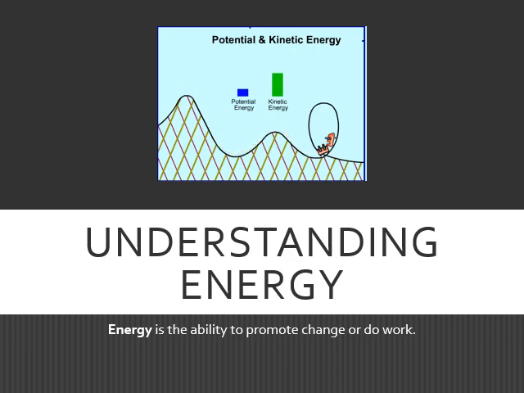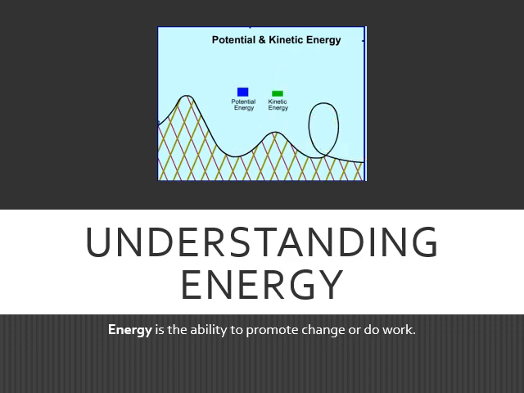Think of kinetic energy as the energy of motion, the energy of movement, and potential energy is stored energy. Looking at this, what is this thing called? A roller coaster. You have it building energy, storing energy, the potential energy increases, kinetic energy increases. You'll notice there's a relationship between them.